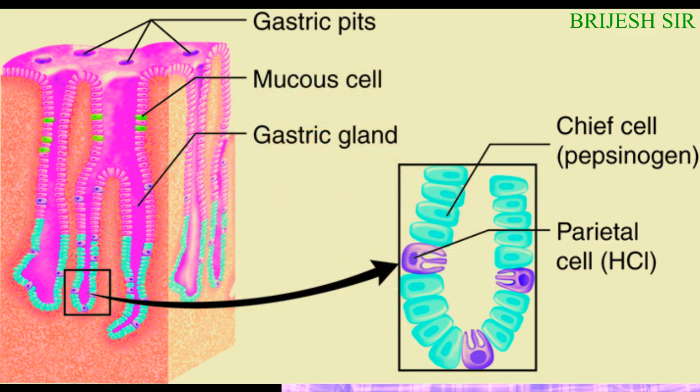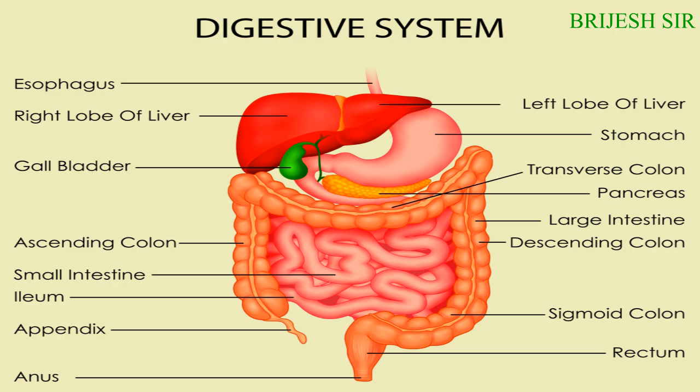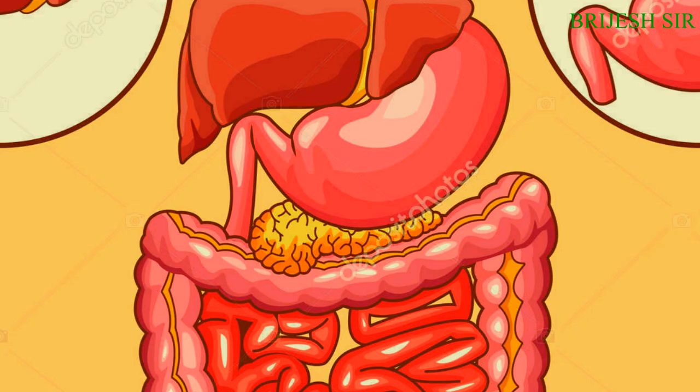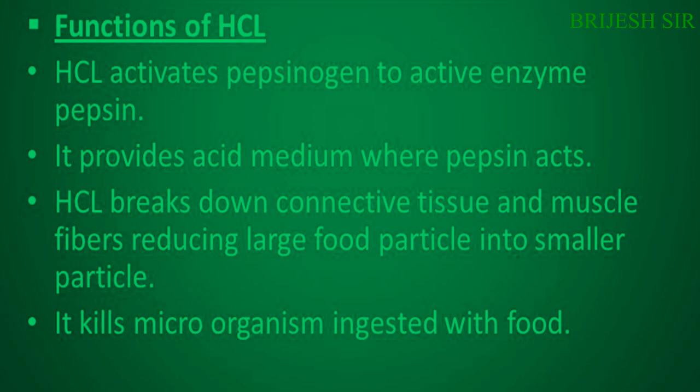It also secretes HCl. HCl has different functions. Number one, it kills the germs which enter through the food. Second, it activates the enzymes in the stomach. Third, it maintains acidic medium in the stomach for digestion of protein.